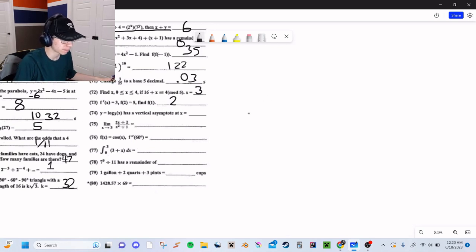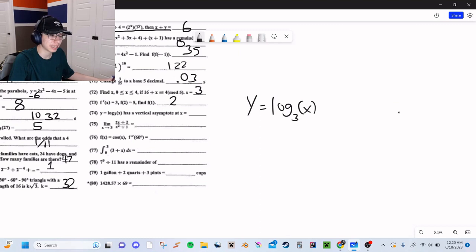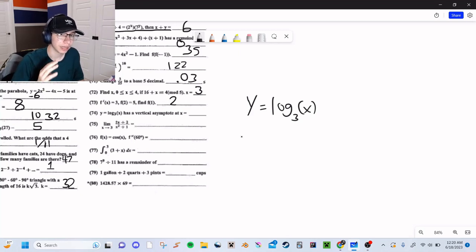Okay, 74. Y is equal to log base 3 of x has a vertical asymptote at x equals some value, right? So what does it mean for this function to have a vertical asymptote at a point? Well, it means that the value that gives you that vertical asymptote is one where, when you plug it in, you get something indeterminate.